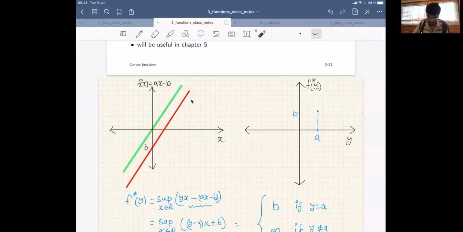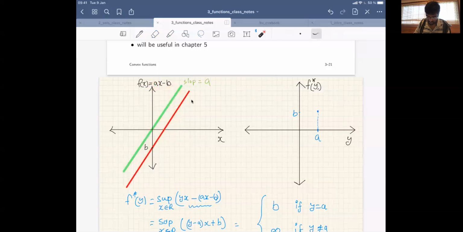Here I'm drawing a line with slope equal to, what will be the slope of this line? Right? Because this line is parallel to this line, which is having a formula ax minus b, so the slope is a. So I'm drawing a second line ax through origin, right? So this will also have a slope a.